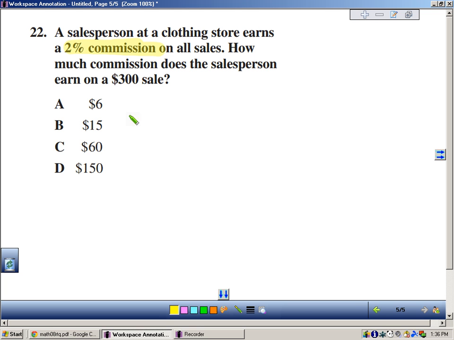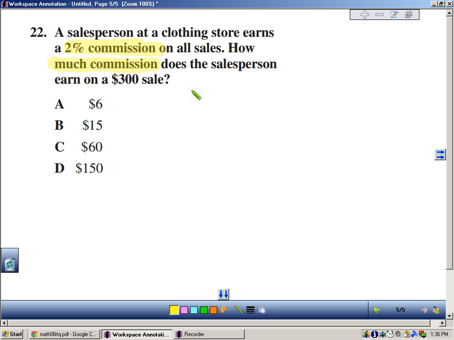It's as if you're making extra on your normal paycheck. It's called commission. And so how much extra is she earning on her paycheck? Well, it all depends on how much she sells. And if she sells a certain amount of money, you take 2% of that money and add it to her paycheck, and that becomes your commission amount.